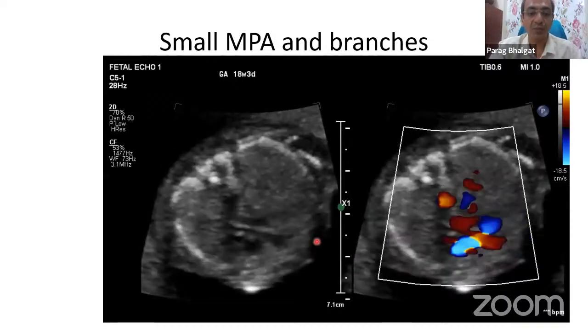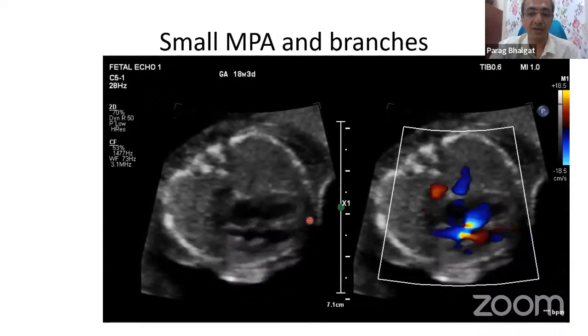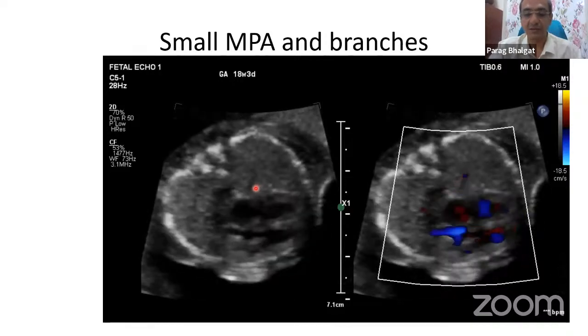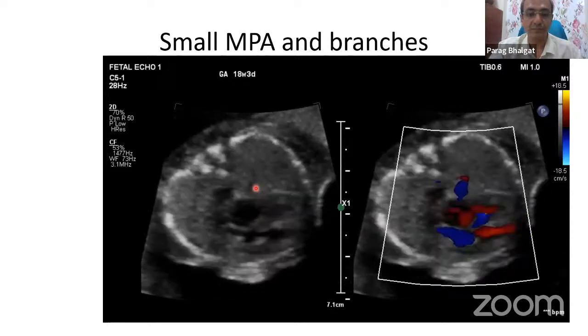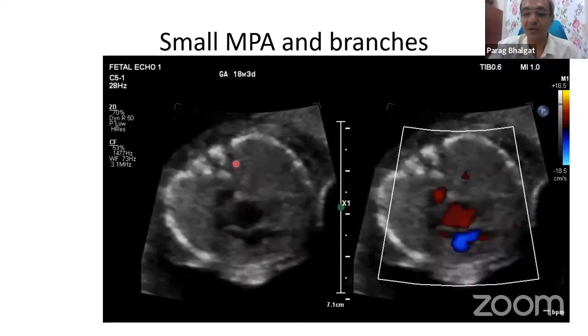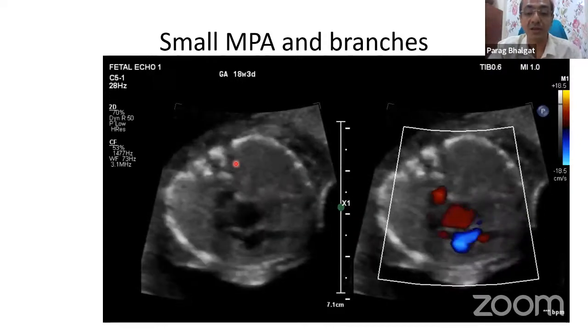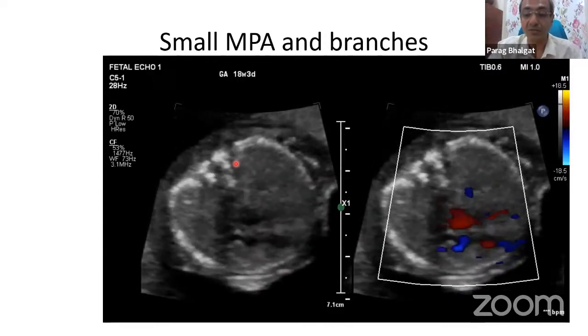So this is the small MPA as compared to the aorta, going here as the RPA, and we can see the LPA here, the distal part of the LPA. We have already demonstrated the bifurcation in the initial images. Just making a point for the small branch PAs seen in tetralogy of Fallot, which are difficult to demonstrate.